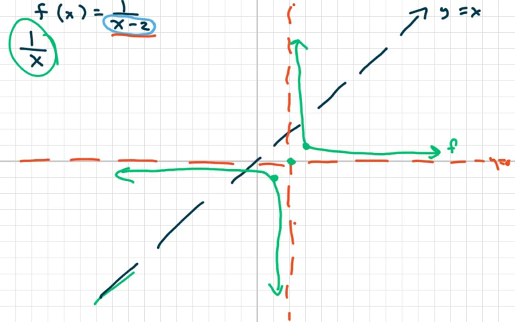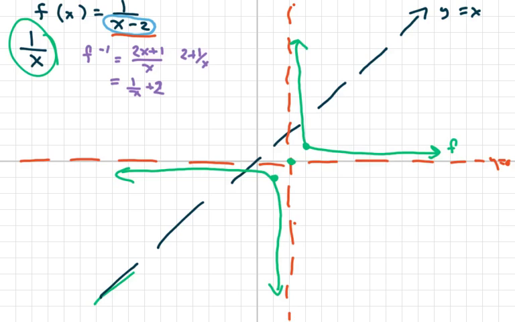Now, the inverse we had was 2x plus 1 over x, which is the same as 1 over x plus 2. I just put the x under each piece. This would have been 2 plus 1 over x. So this is a vertical shift up by, well, this should have been a 2.